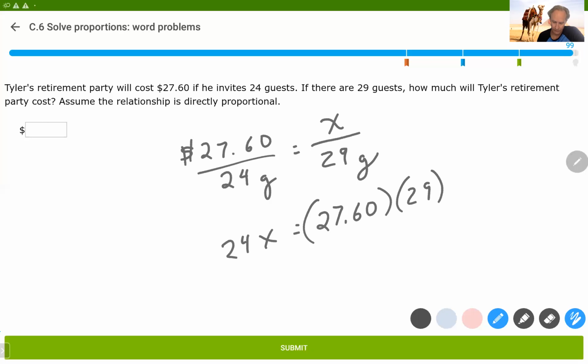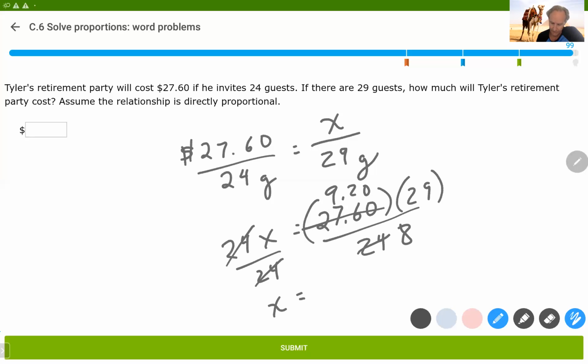And we're just cross multiplying, we're dividing by 24. Well, 29 happens to be a prime number, which means it has no common factors. We can put 3 into 2760, and we can put 3 into 24. That gives us 3 into 24 goes 8 times, and 3 into 2760 goes 920, and 8.